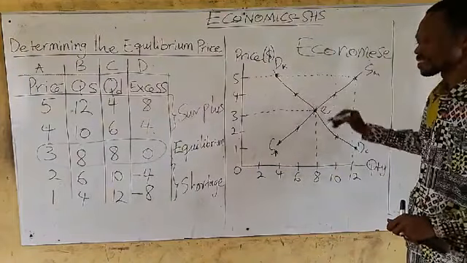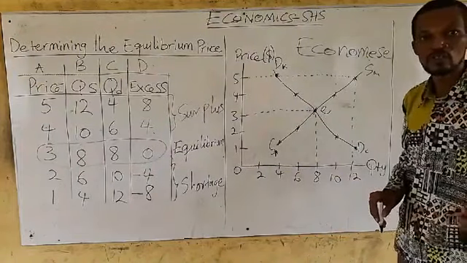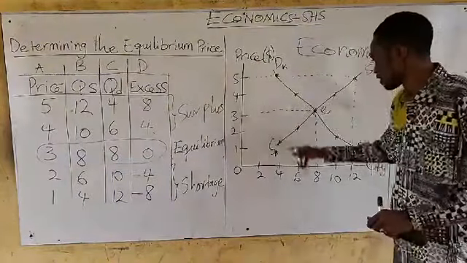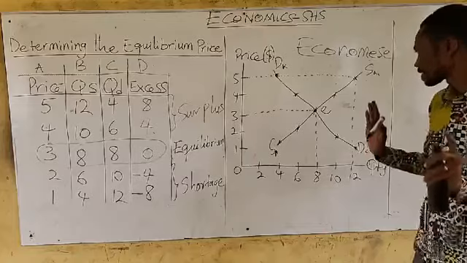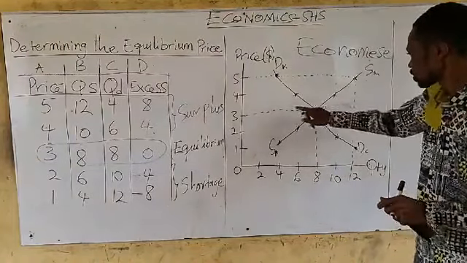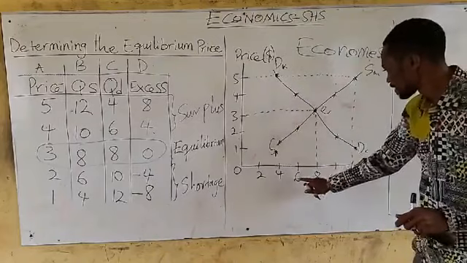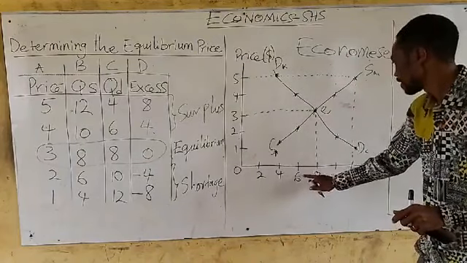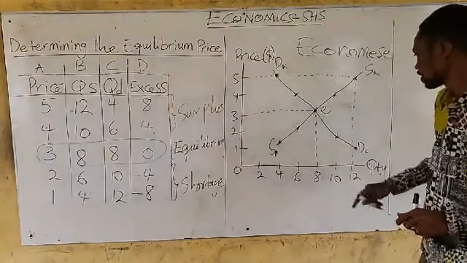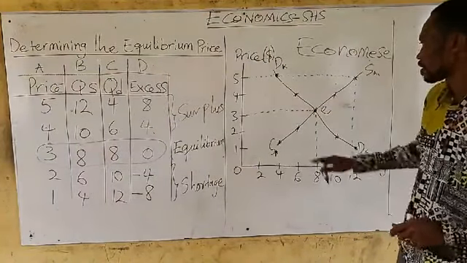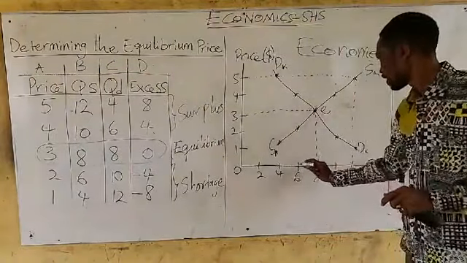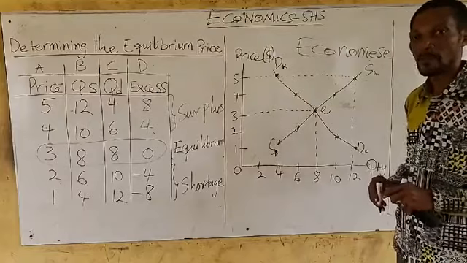Between this and that will create what we call surplus. 6 was being demanded and 10 was supplied at the price of 4. So the difference will be 4. Yes, the difference is not 2, it's 4. So it's 4 between this and that. That will create a surplus on the market.